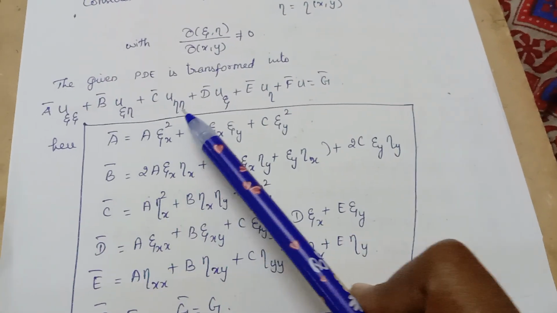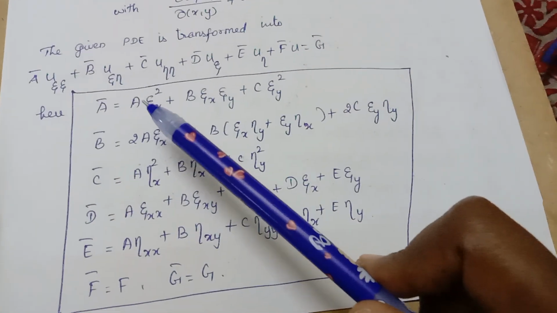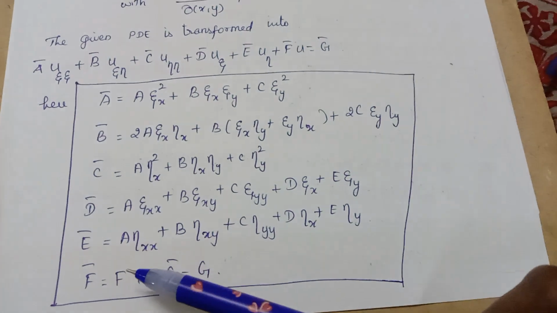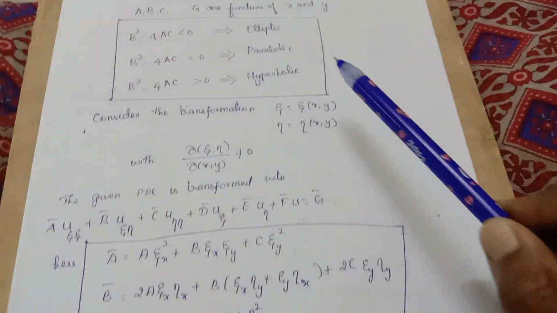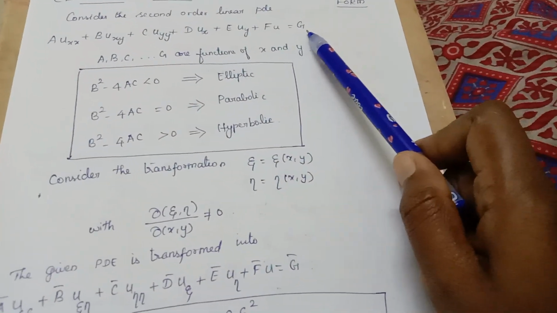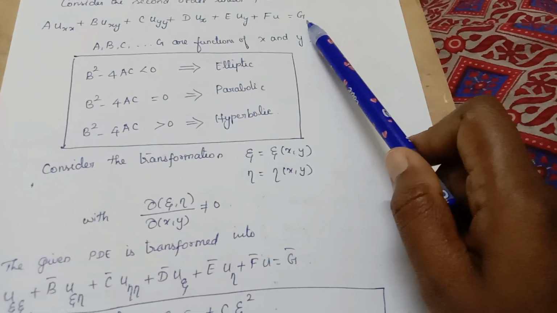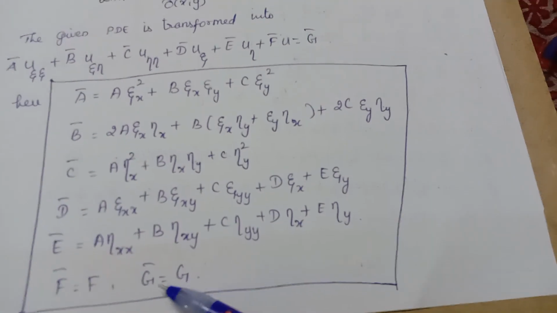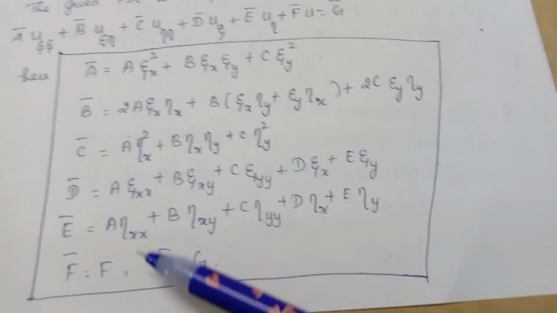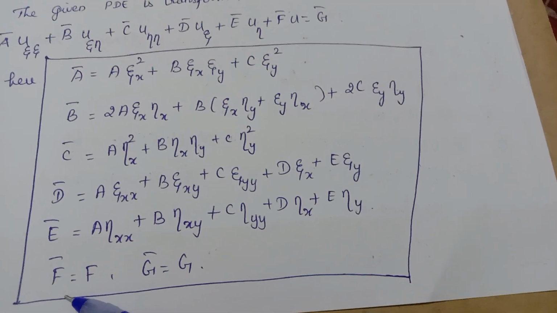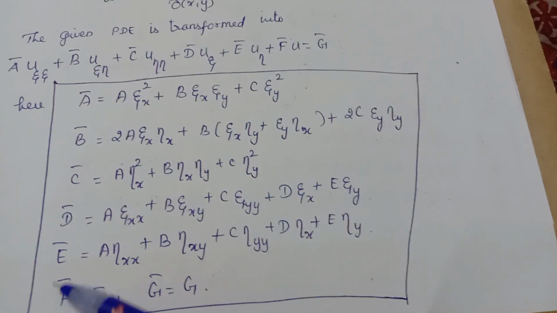This A bar, B bar, C bar we have to find using this formula. F bar is equal to F and G bar equal to G. G is the function on the right hand side without any u term, and that is taken to be G bar, and F is the coefficient of u, so here also F bar is the coefficient of u. All other things will get changed.